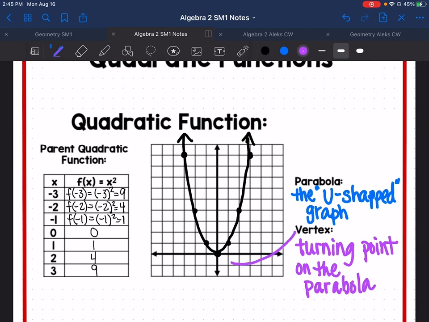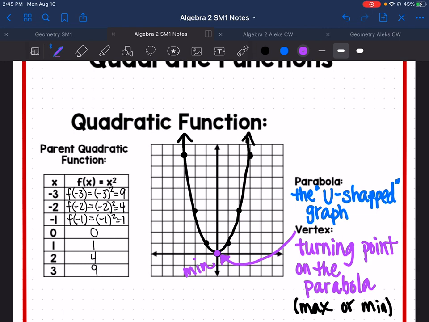And my vertex, of course, would be this point right here. There's my vertex, 0, 0. And remember that that vertex can be considered a maximum or a minimum, depending on the orientation. This one would be considered a minimum because it is the lowest point of my graph.